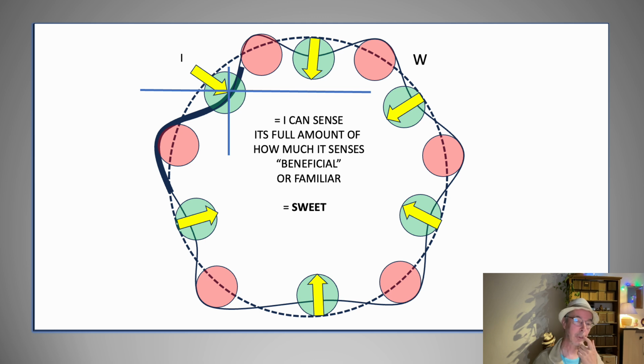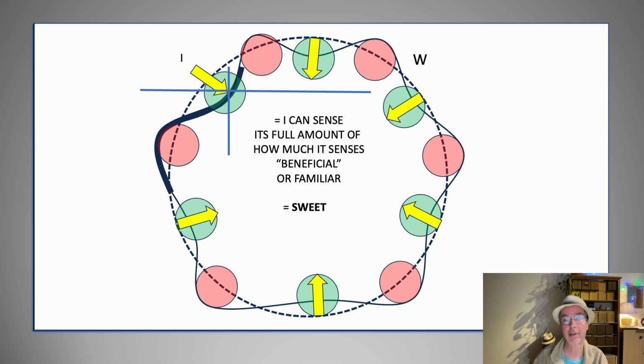So here the sweetness wants to say I can sense it full amount, how much it senses, and we associate it with that it is beneficial to us, or at least it is familiar. We come to a familiarity to the senses thanks to this adaptation process, which goes more fluently in this case.